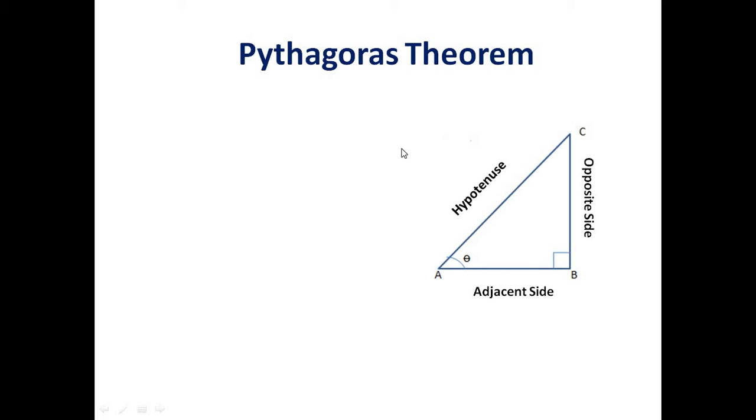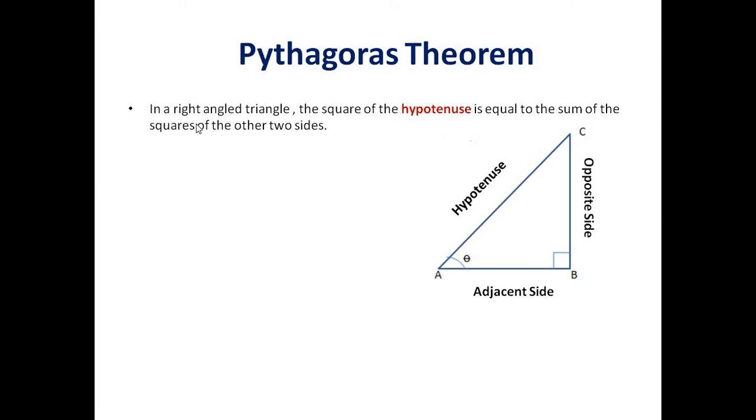So in a right angle triangle, the square of the hypotenuse is equal to the sum of squares of the other two sides. That means AC square is equal to AB square plus BC square. That is what Pythagoras theorem says.